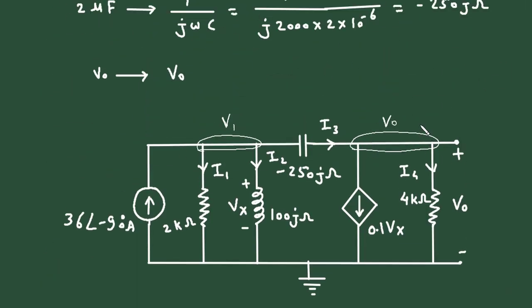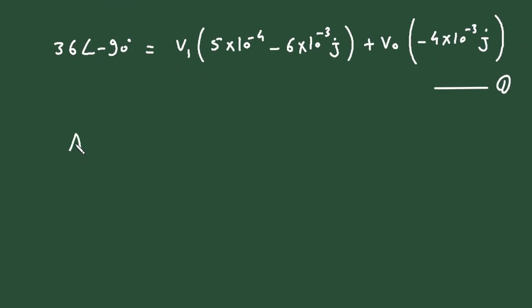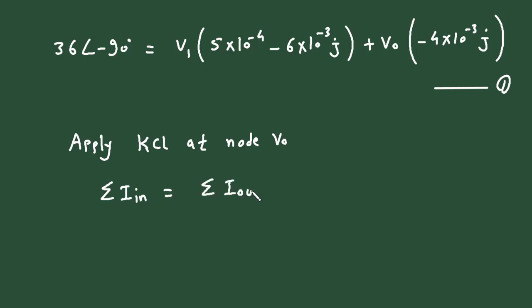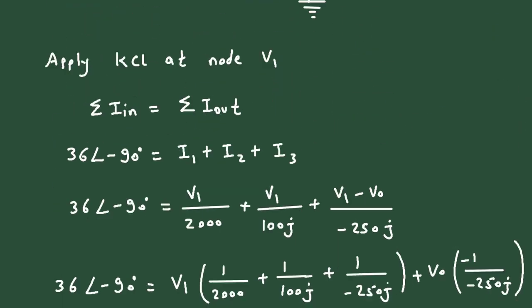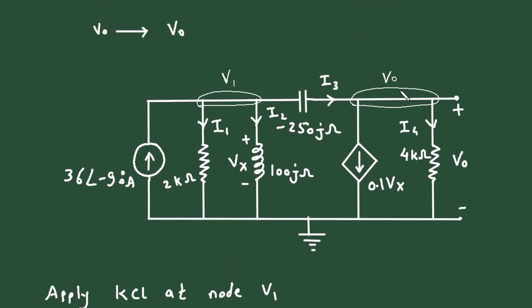Next we will apply KCL at node VO. Now according to Kirchhoff's current law, again summation of I in is equal to summation of I out. Now here at this node entering current is I3.